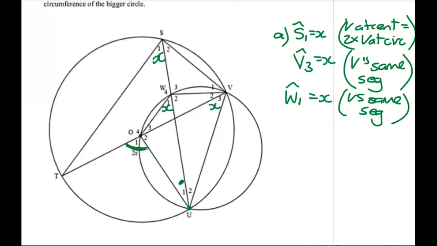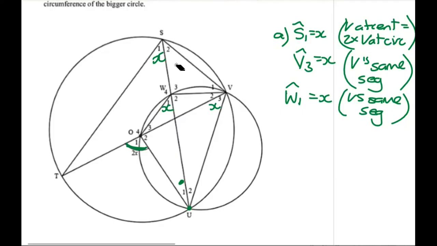Opposite angles to S. Okay, but opposite angles aren't necessarily always going to be equal. Okay, I'm just double checking everybody else's suggestions to see if I've gone through all of them. Yeah, I have. Okay, so we've got U2 equal to U1 equal to x.